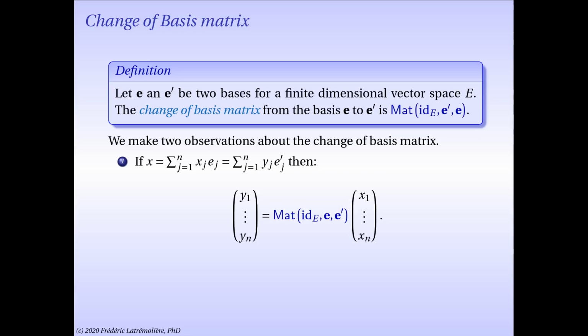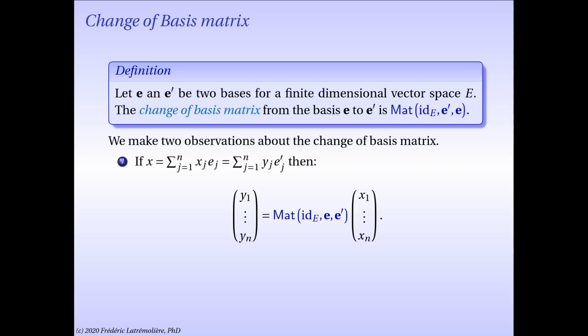On the one hand, X is the sum over j from 1 to n of xj times E sub j for some scalars x1 to xn. On the other hand, X is also the sum over j from 1 to n of y sub j times E prime sub j for scalars y sub 1 to y sub n.